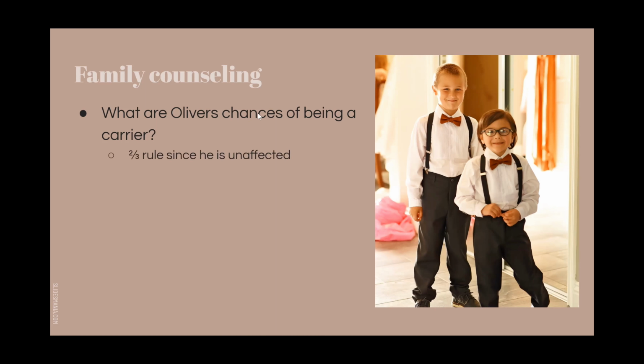Oliver's chances of being a carrier are the 2/3 rule, since we know that he is unaffected. What are Oliver's chances of having an affected child, knowing that he has a 2/3 chance of being a carrier?